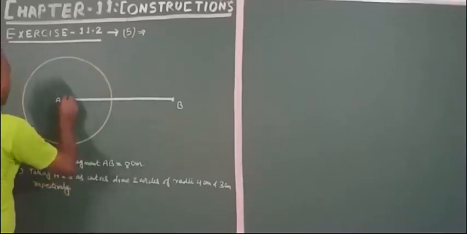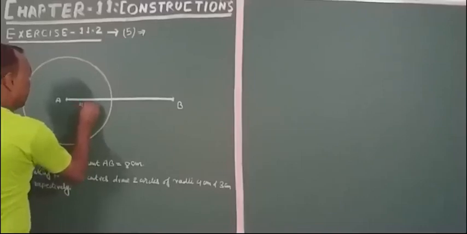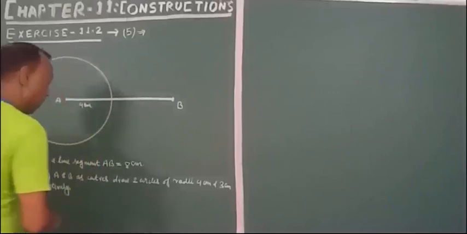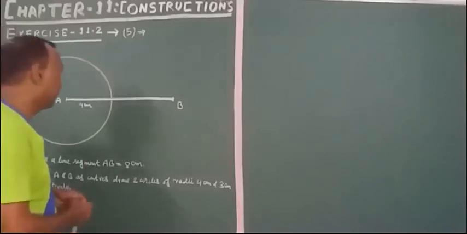This is the circle drawn of radius 4 centimeter. And B as a center of radius 3 centimeter.